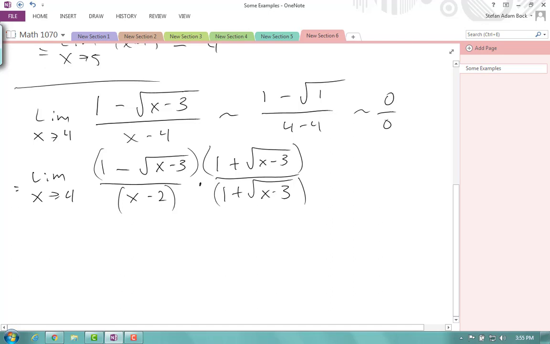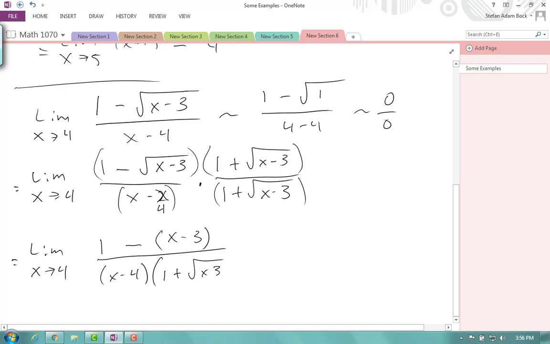I'll get the limit as x goes to 4 of 1 minus parentheses x minus 3, all over x minus 4 times 1 plus the square root of x minus 3.